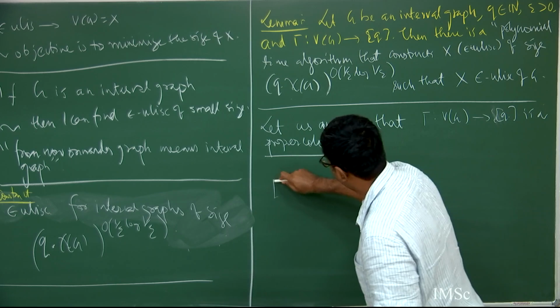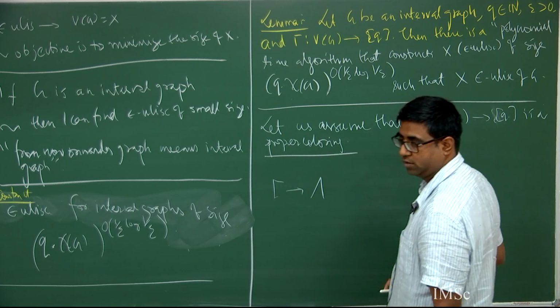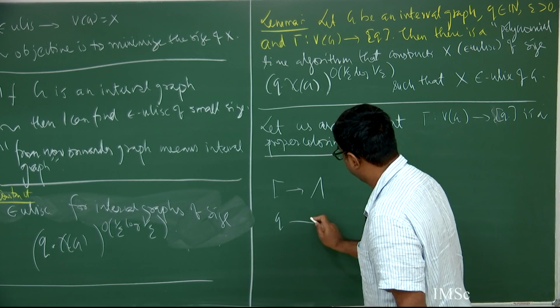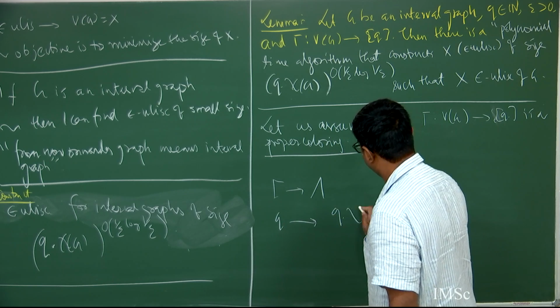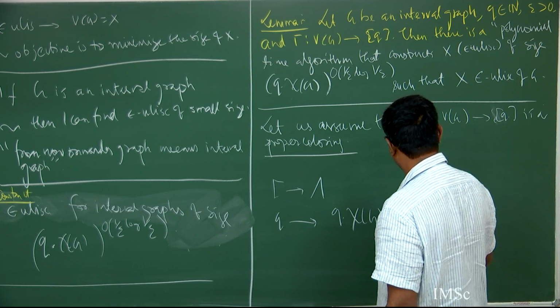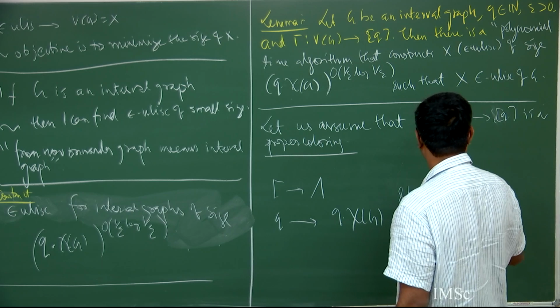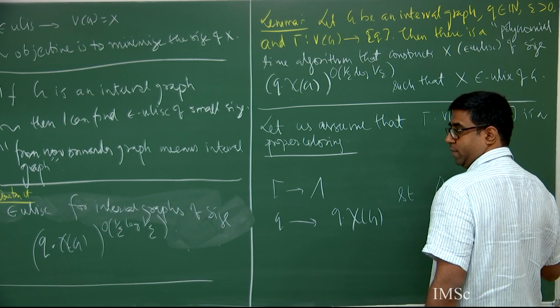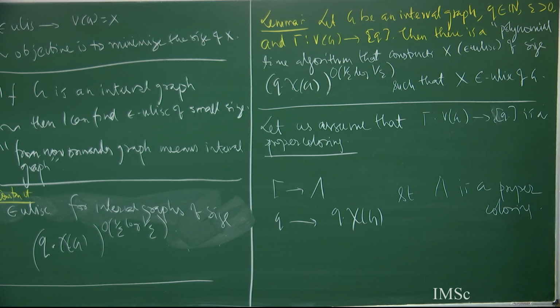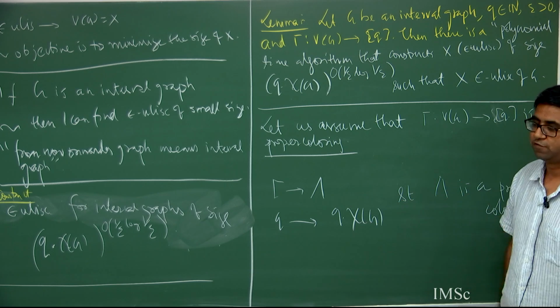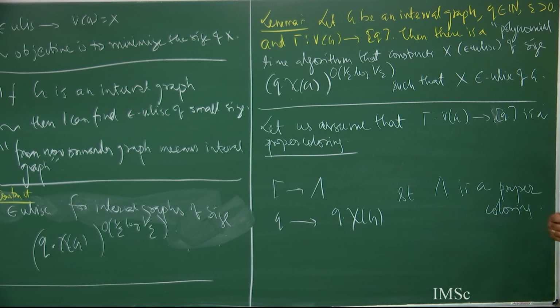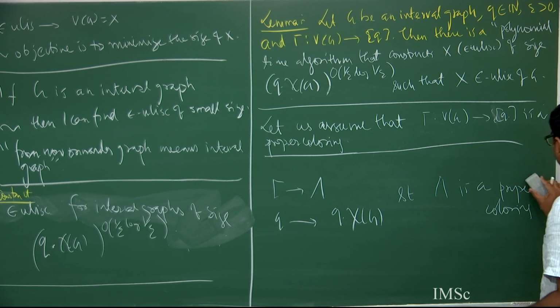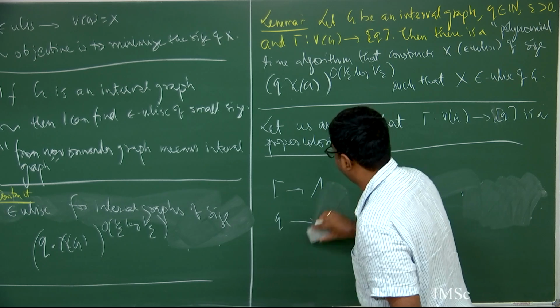From gamma I will convert it to delta, so that q goes to q times chi of G, such that delta is a proper coloring. Fine, but we will do this transformation later. Let's just assume this for now, so that we understand the right things first, and then we do the small objects later.